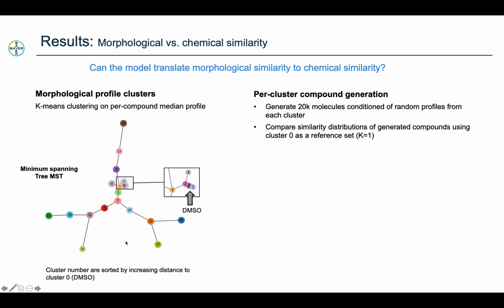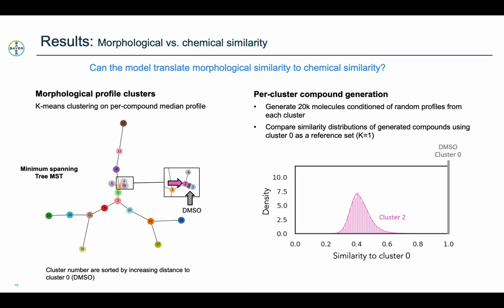Once the clusters were defined, we generated 20,000 molecules conditioning on profiles from each of the clusters, and then compared the similarity distribution of generated molecules against those from cluster 0. So here we show the results of comparing the similarity distribution between molecules generated on profiles from cluster 2 versus profiles of the DMSO cluster.